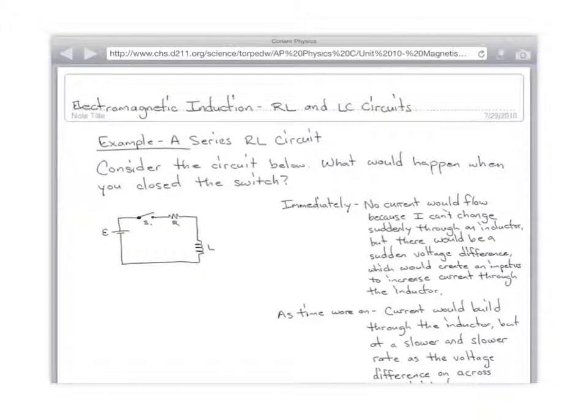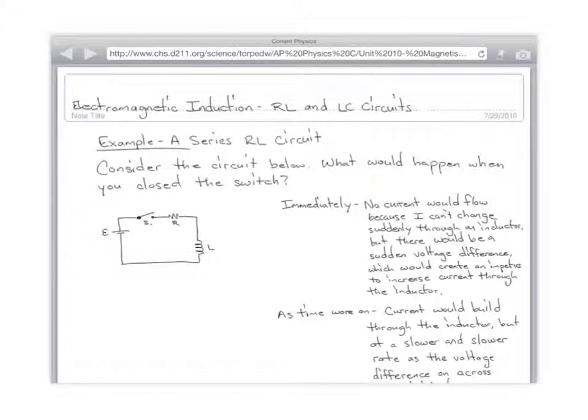And if it's got no magnetic field, no current, and then you try to force it to have some current flow, it's going to be like, whoa there, hold on. I can't do this right away. I've got to build up my magnetic field first. And so it takes a while. RL circuits are these really weird circuits that take a while to build up current.